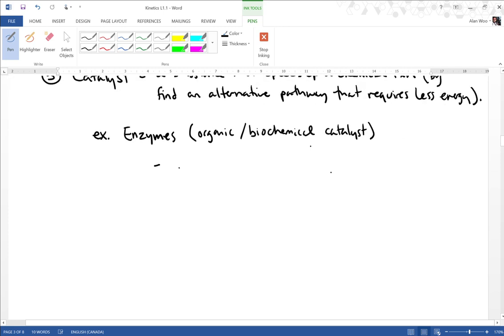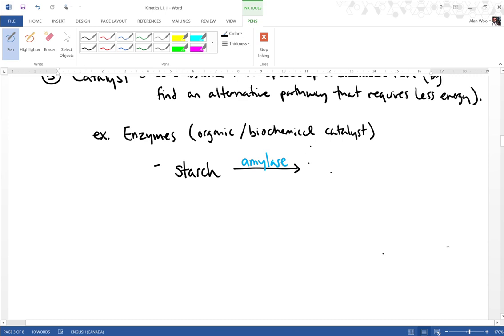So one that you might remember from bio is an enzyme that might break down starch. When you break down starch with this enzyme, there's several of them, but we use the term amylase to cover all bases here for all the different types of amylases there are.